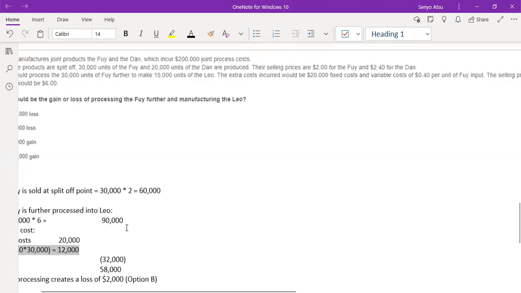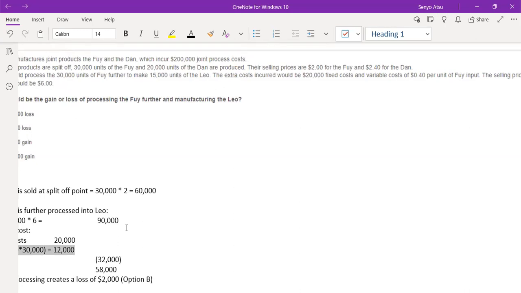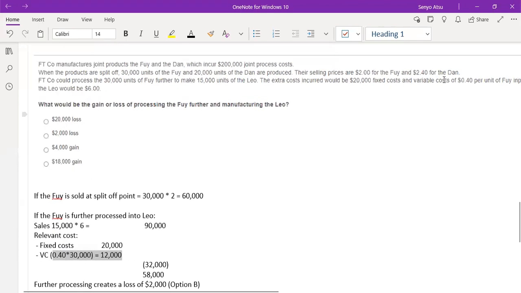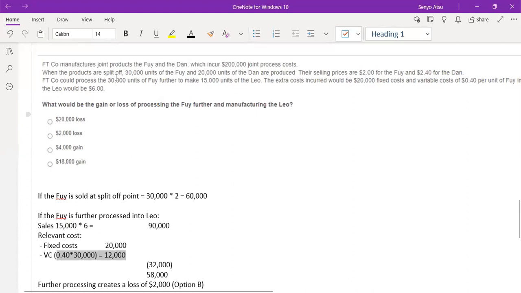No, the extra cost will not be on the 15,000. Look at it. The extra cost incurred will be $20,000 fixed cost and variable cost of 0.4 per unit of the F input. So it's not 0.4 of the Leo output. All the input of 30,000 F, you're going to spend 0.4 processing each one of them.